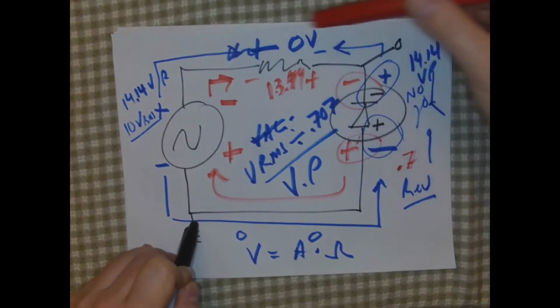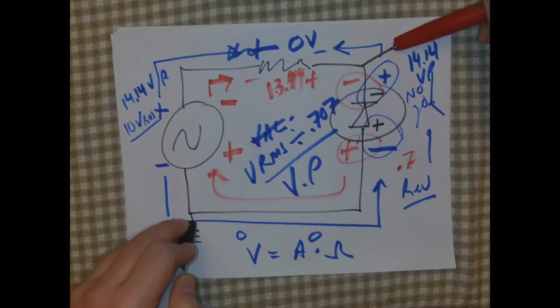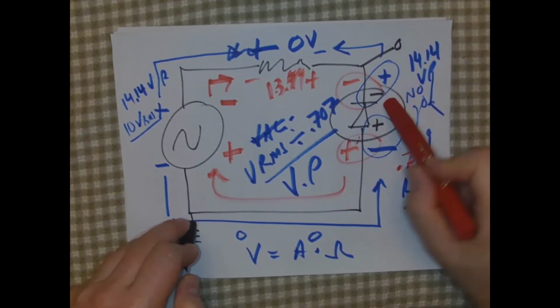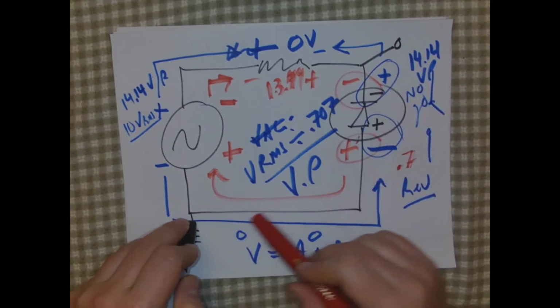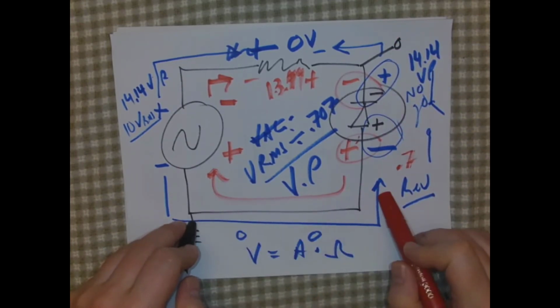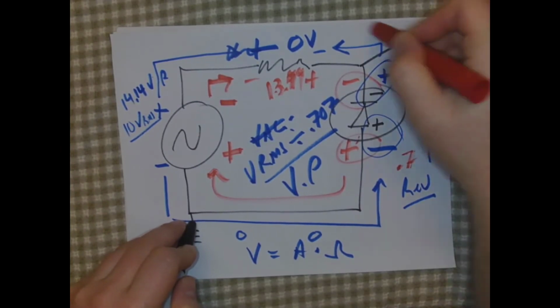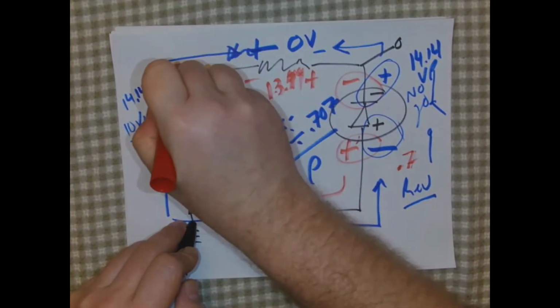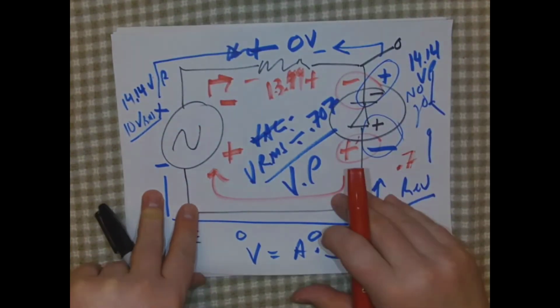Excuse me, 14 minus 0 is 14.14. 14.14 minus 14.14 is 0. So every time I go over something, I have to add or subtract. If I start at 0 and I add 14.14, I get to 14.14. If I add 0 to 14.14, I'm at 14.14. I have a balance. I have half over here and half over here.